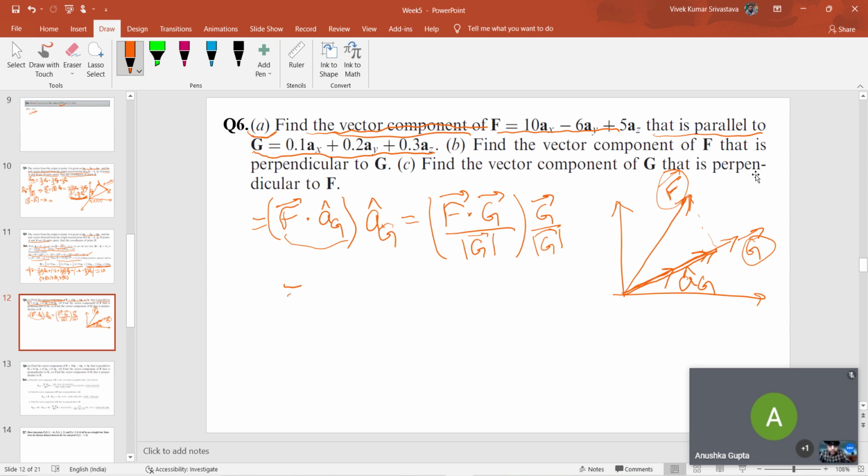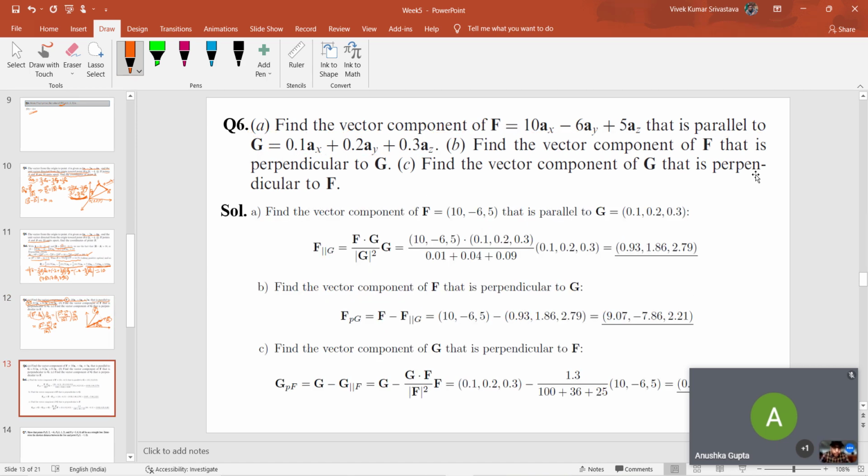Here you can take a dot product of these two vectors and divide it by modulus of the vector g square, and then g. So that's how you can find out the vector component of vector f along another vector g. Okay, so let us come to the answer.